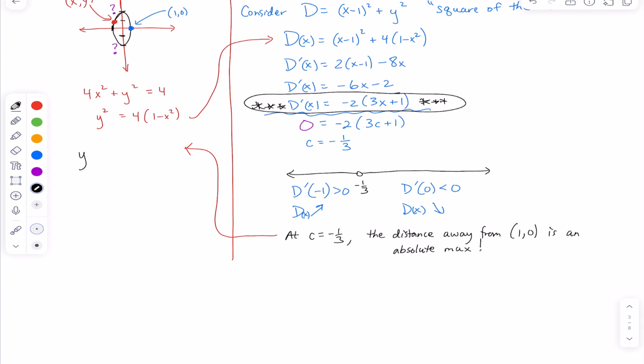Let's solve for y. And when we take the square root of both sides here, you do have to be careful because this is now the absolute value of y.